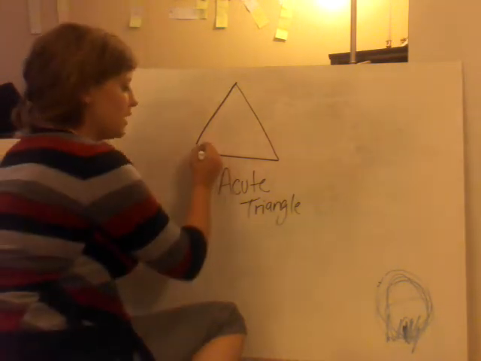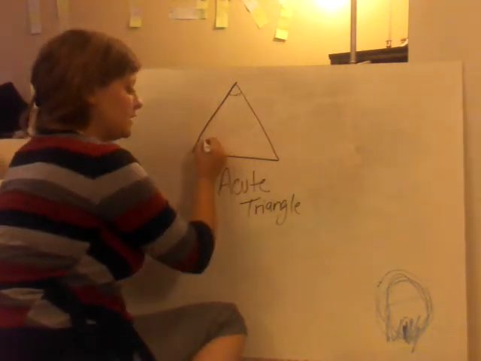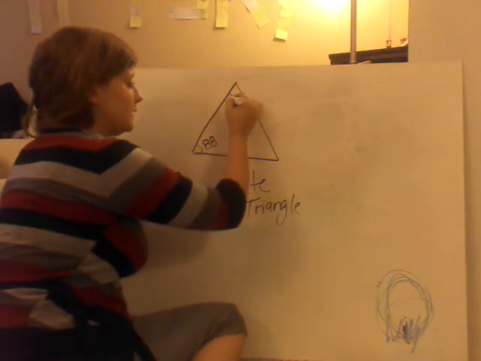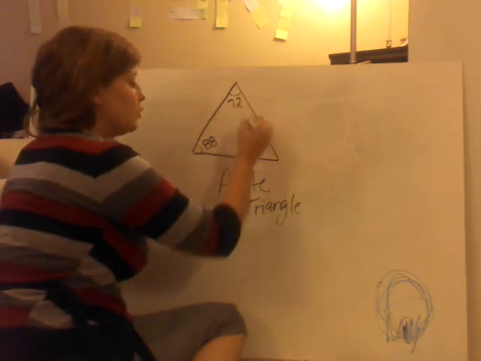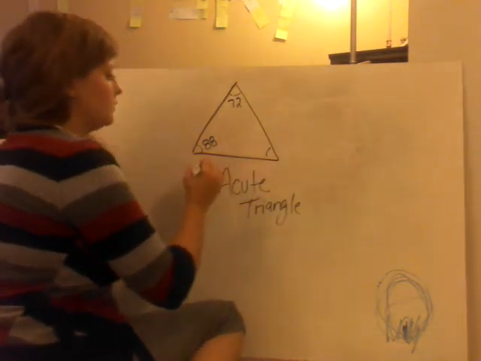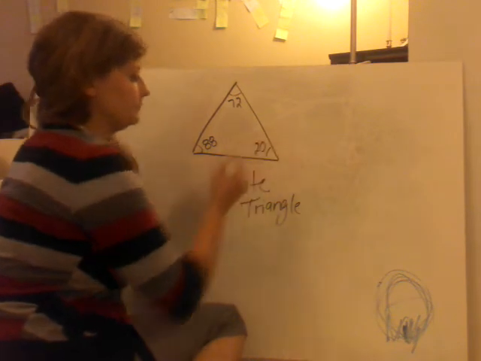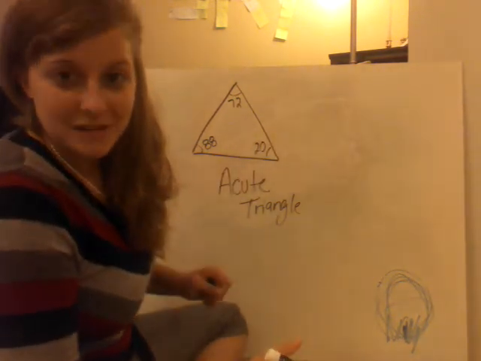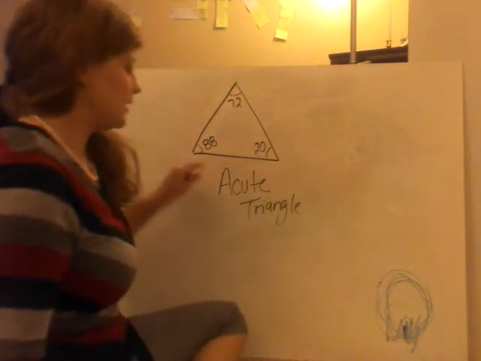So every single angle, even if this is 88 and 72 and 20, okay? They're all going to be less than 90 degrees. Okay, so that's an acute triangle.